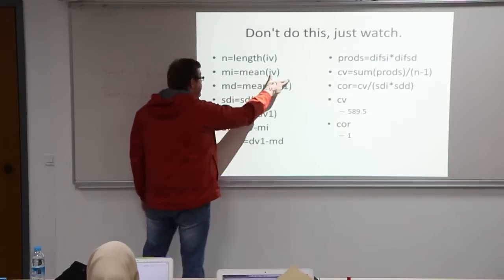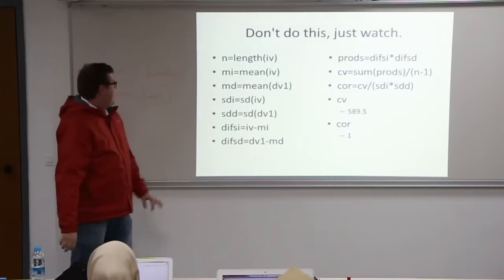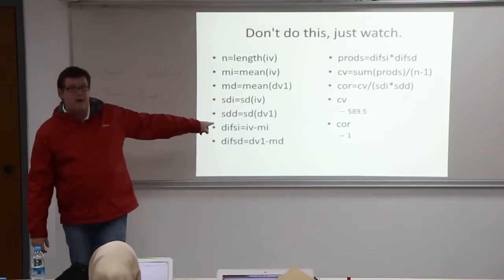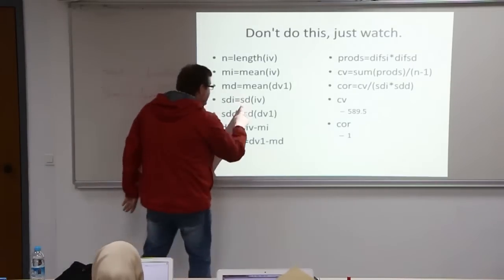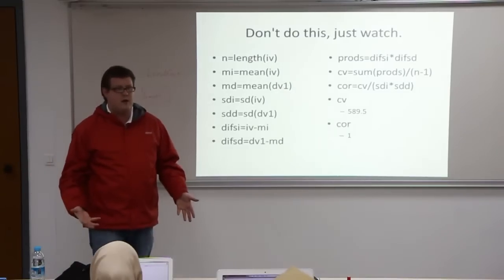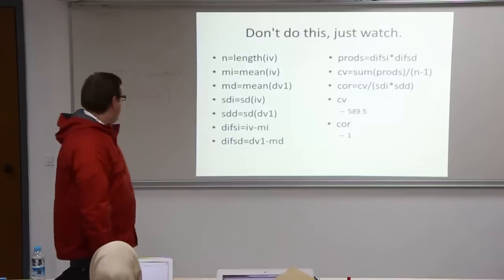So then I got the mean of the independent variable and the mean of the dependent variable, and I got the standard deviations of the independent and dependent variable. When I do this, SD, IV, what type of standard deviation does that give me? It's the one based on the unbiased variance estimate, right?